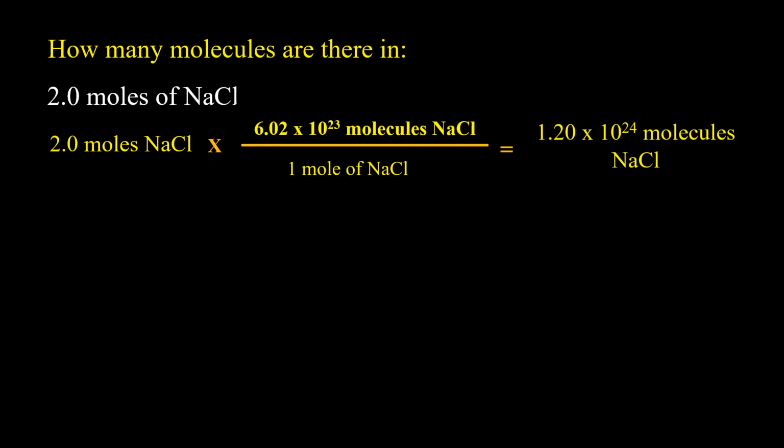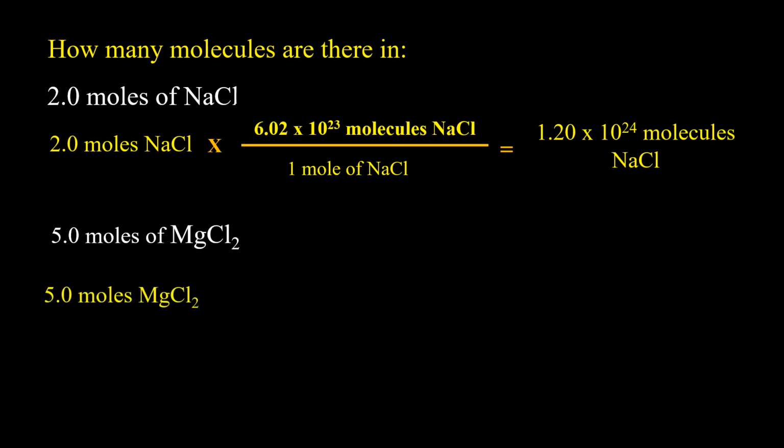Now, let's try another one. What if we have 5.0 moles of magnesium chloride? Let's try to solve it. Okay, let's see if your answer is correct.